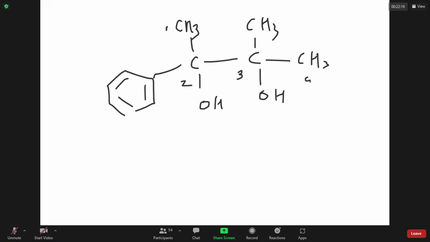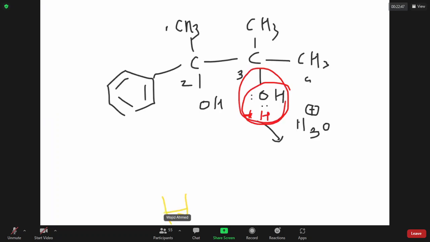It is 2-phenylbutane-2,3-diol. In this compound, when I treat it in presence of an acid, H3O plus, one of the OH groups will be protonated, and this will become OH2 plus. The OH2 plus will be going out as water, generating a carbocation.